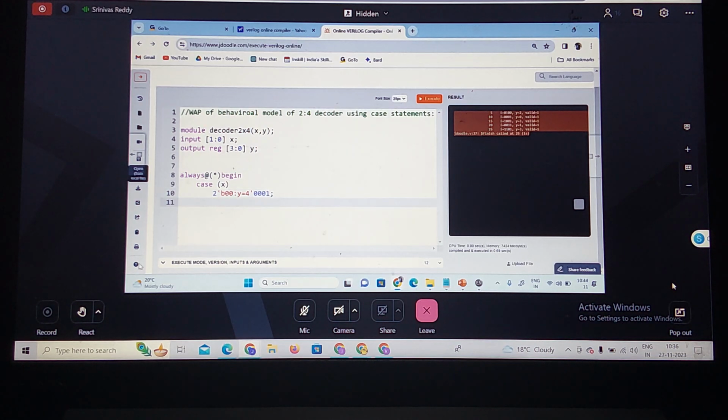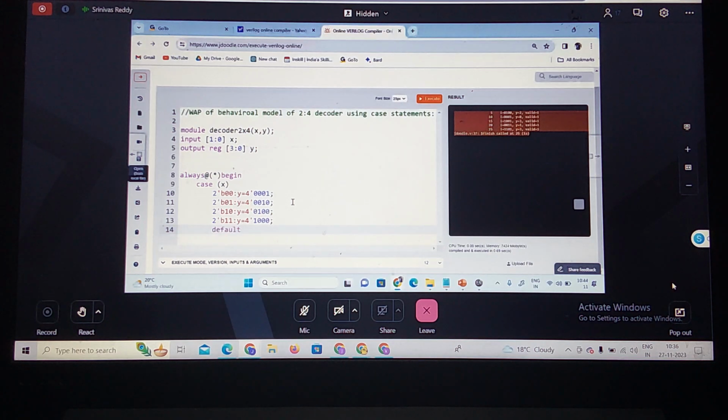Next is 2 tick B 0, 1, so the output is 0, 1, 0, 0. Next is 1, 0, giving 0, 0, 1, 0. And when both are 1, 1, what default can I write?